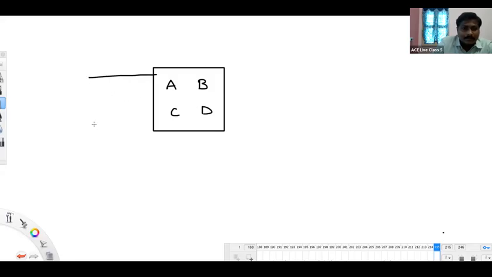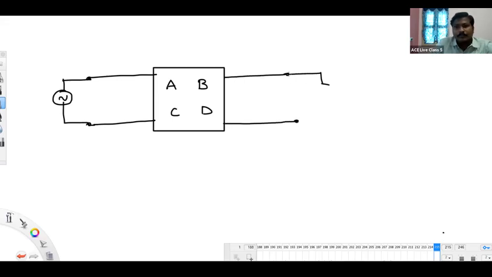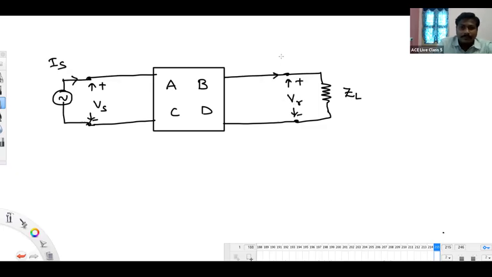This side we have a voltage source, and this side we have a load ZL. This is VS and the current IS, and this is VR and IR. Listen, simple.